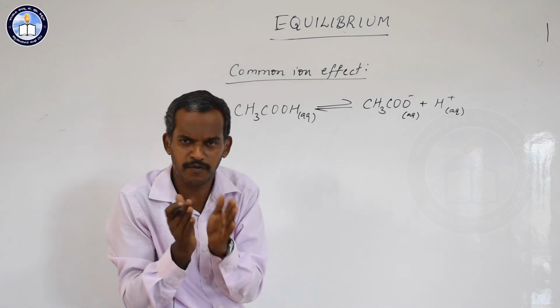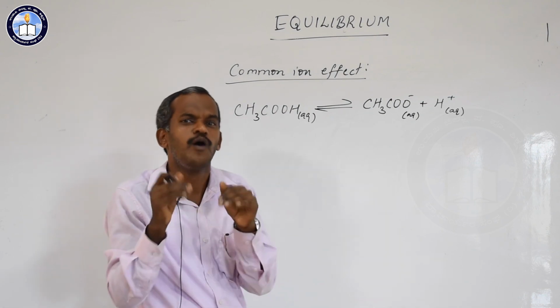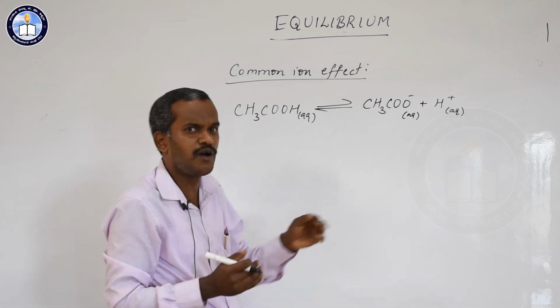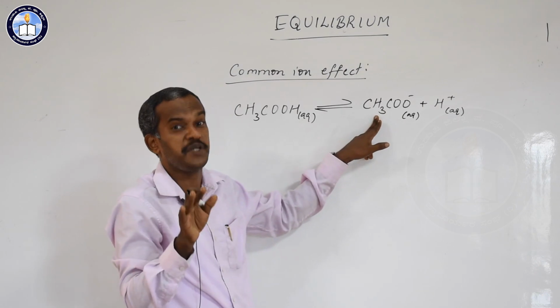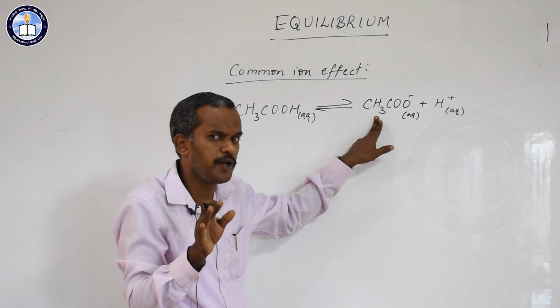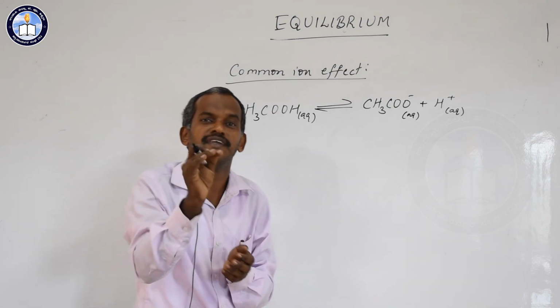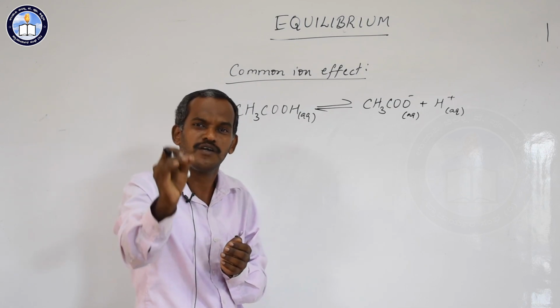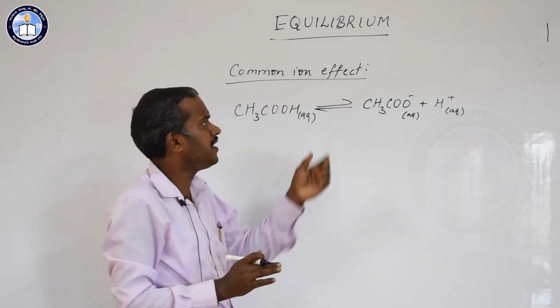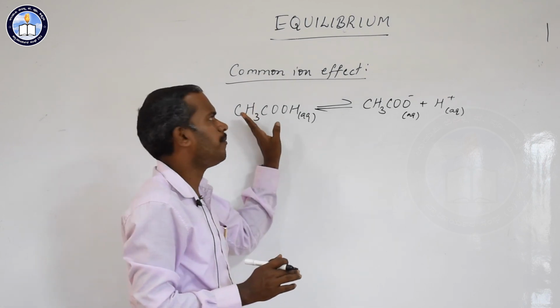Common ion means the ion which is already present in the solution. If that ionic species concentration is increased, then the shift in equilibrium that happens is called the common ion effect.